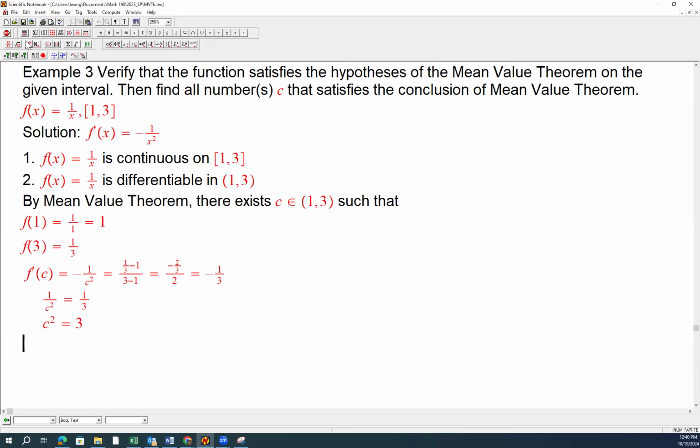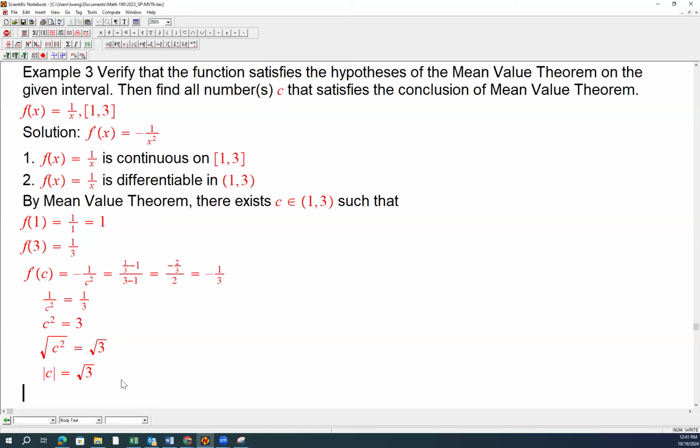Okay, and then we're going to take the square root on both sides. And then the left-hand side equals the absolute value of c, and that equals √3.